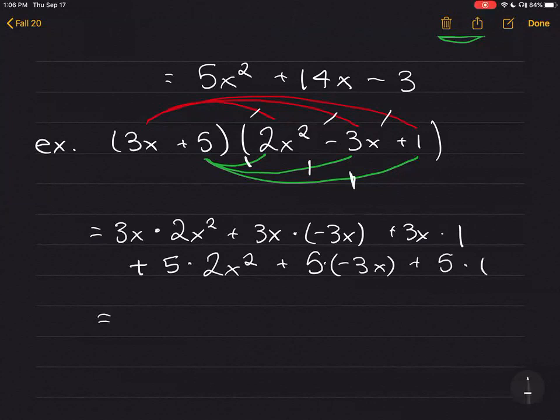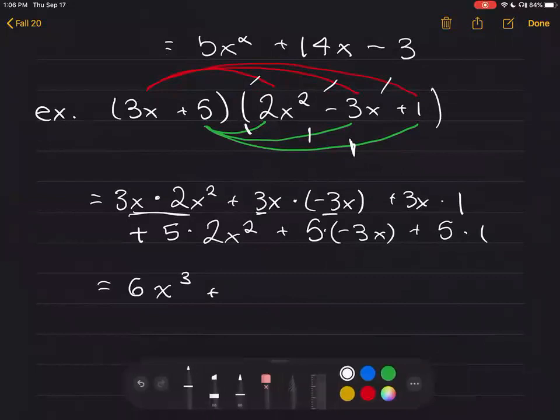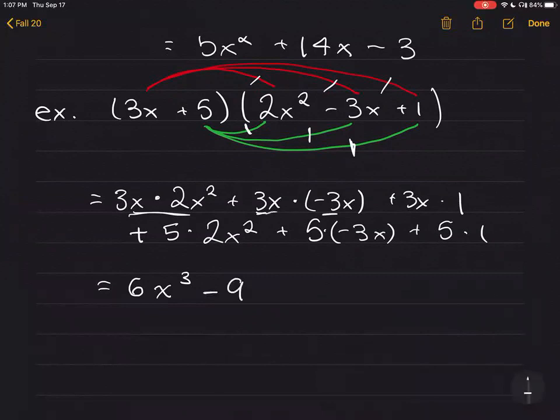Now if we simplify each of these terms, this one here becomes 2 times 3 is 6, and then we've got 3 copies of x, so x cubed, plus 3 times negative 3 is not a positive number. In fact, it is negative 9, and then we've got 2 copies of x here, so we get x squared.